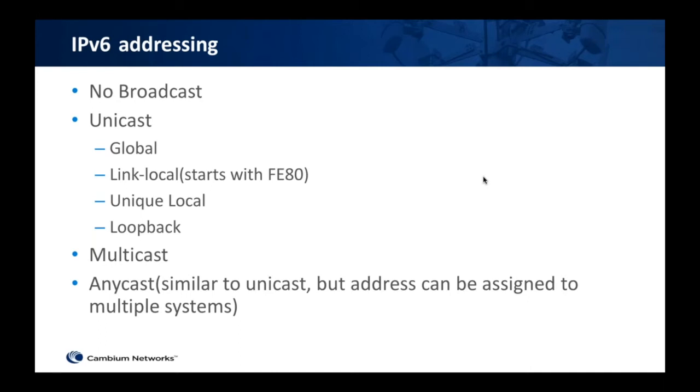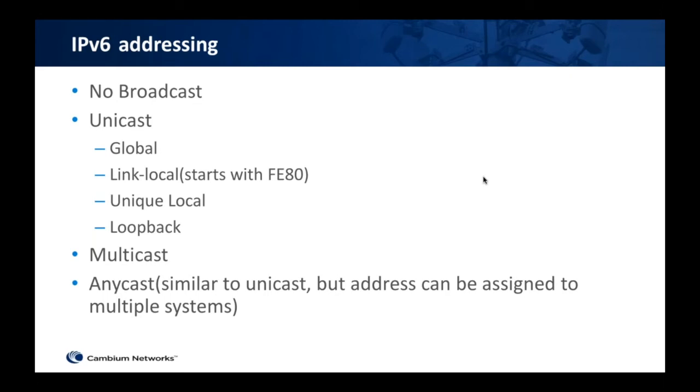So if you have a router and your laptop and they are somehow connected through the Ethernet or through the Wi-Fi, they can use these link local addresses to communicate with each other. Those addresses start with FE80. There are also unique local addresses.